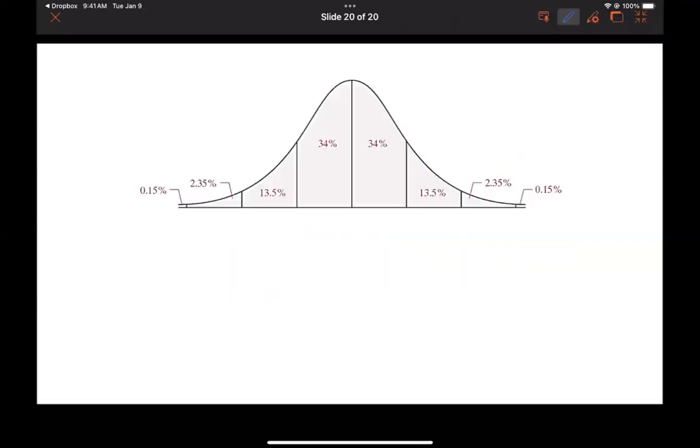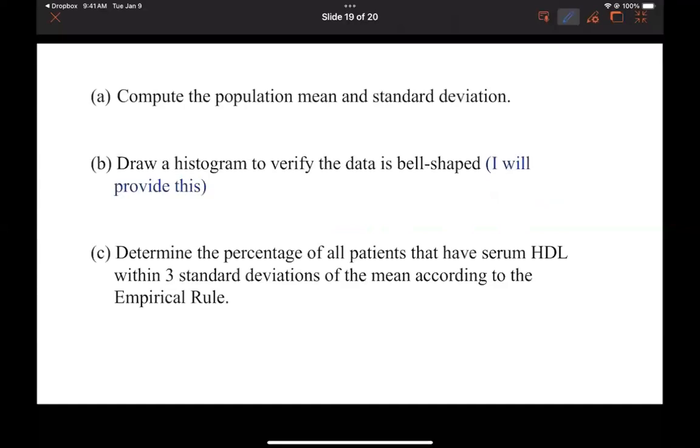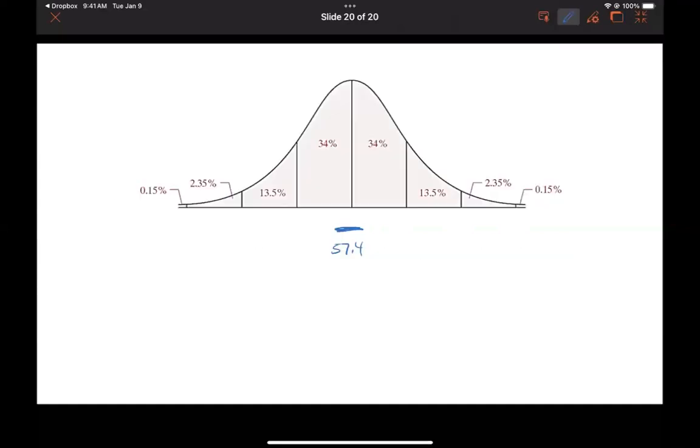So here's my diagram and here's my labels. This was the mean. What I did was I took 57.4 and then I added 11.7, and I got 69.1. Then I subtracted 11.7, and I got this value right there.